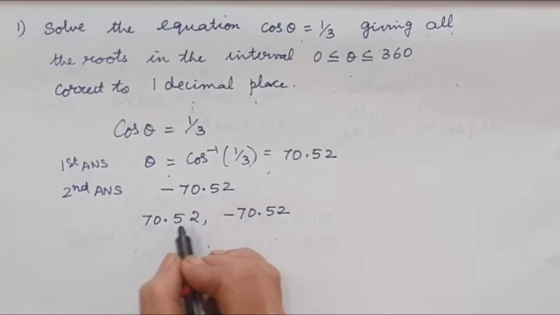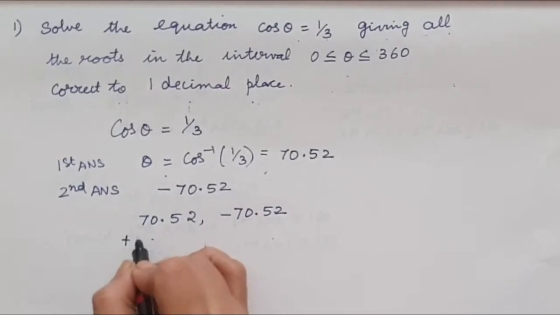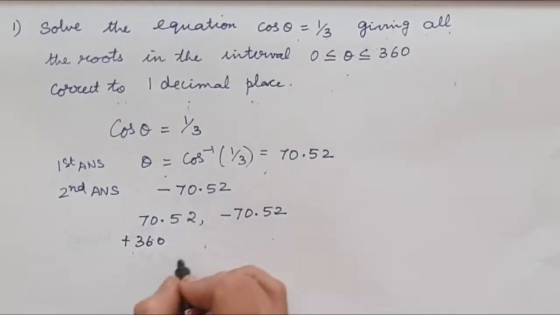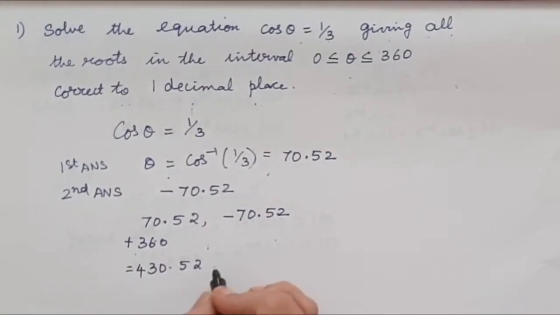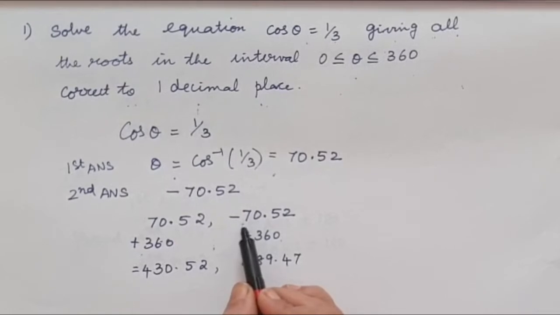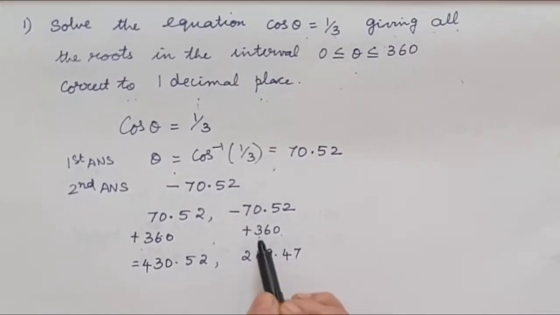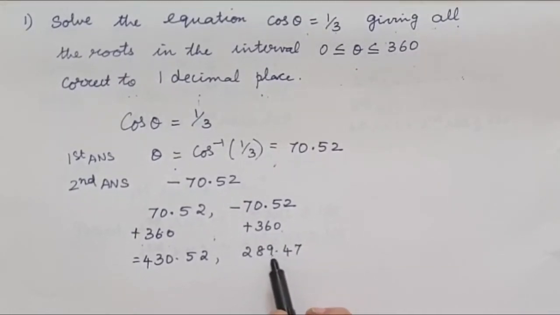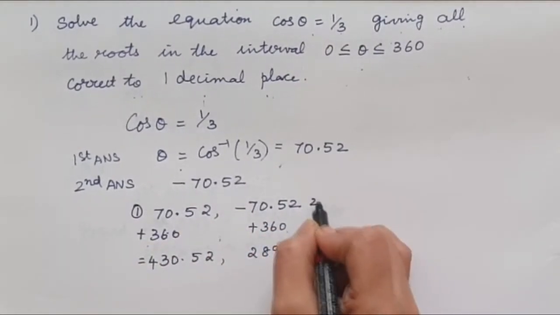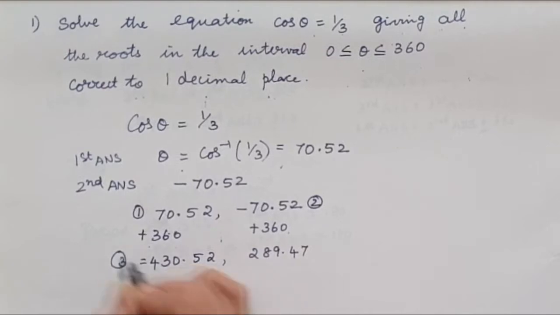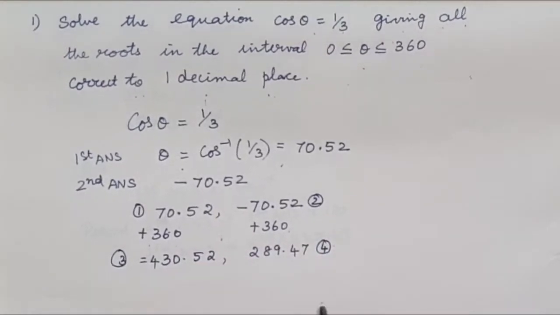So when we add it, we get 430.52. With negative 70.52, when you add 360, we get 289.47. So now we have got 4 answers till now.